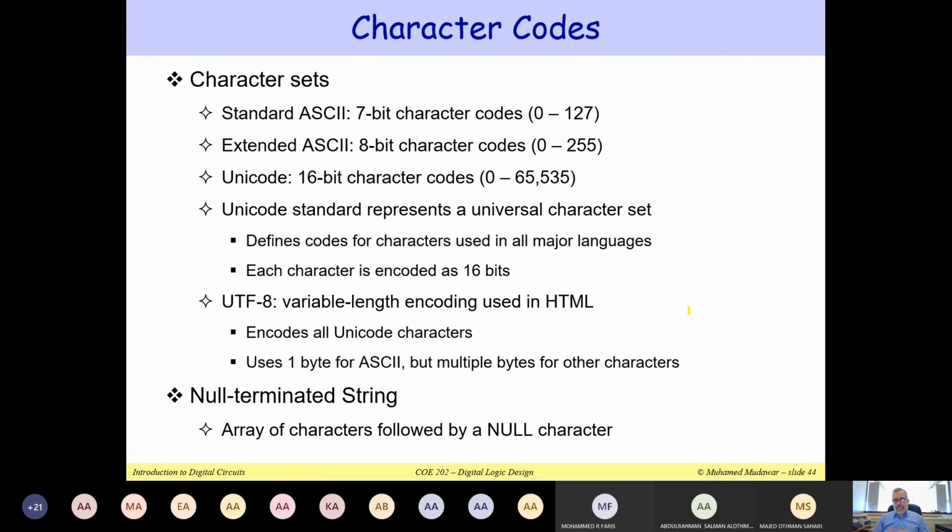Not only that, but we have to standardize the use of these codes, because the same characters have to be represented exactly the same way across all computers. Let's suppose that you have a document on the internet and you download it on one computer system or another computer system, the codes have to be represented exactly the same way on all computers. So there must be a standard.